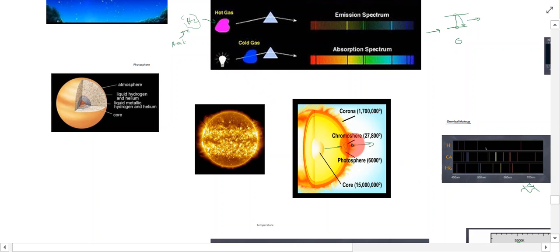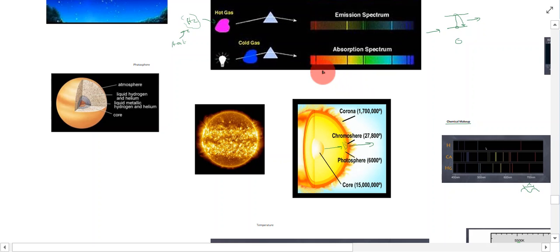And then that light is going through the depths of space, reaching Earth, and then just like here, we pass that light through a prism and we create what's known as an absorption spectrum, and we look at this absorption spectrum. Now what we notice is that this white light, or light that's coming from the core of the sun, is being passed through this outer atmosphere of the sun.